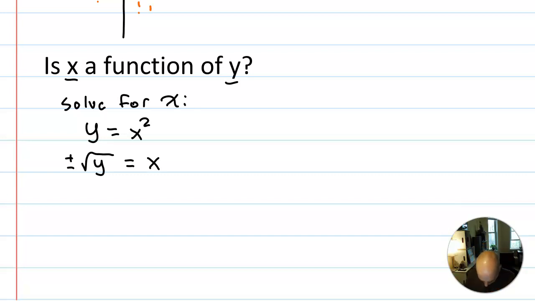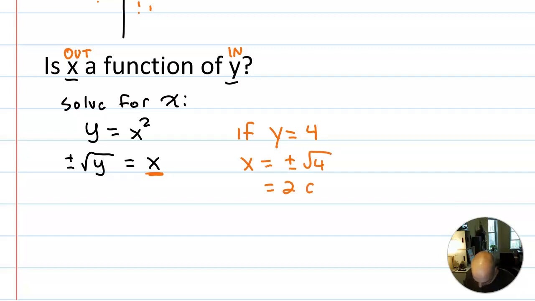The problem now is that if x is actually the output and y is the input, which is what happened when we reversed this order, then say if y is 4, then x is the plus or minus square root of 4, which is 2 or negative 2.